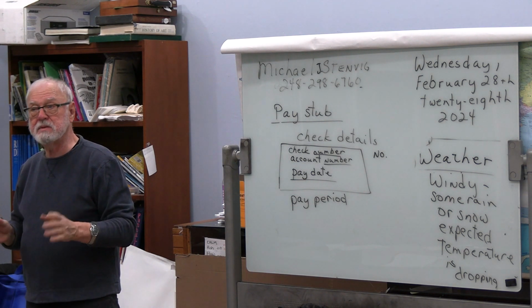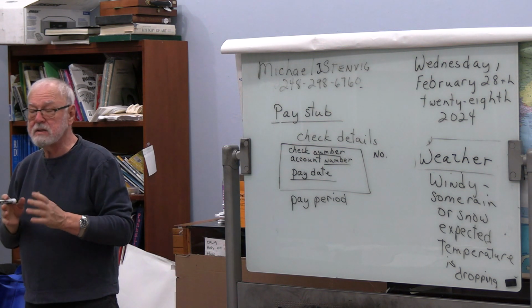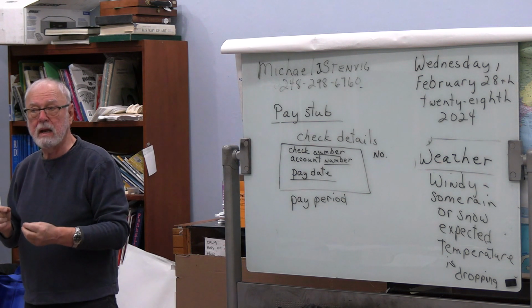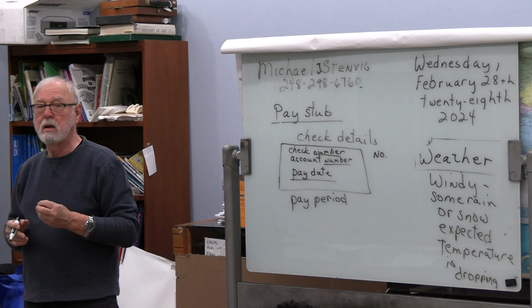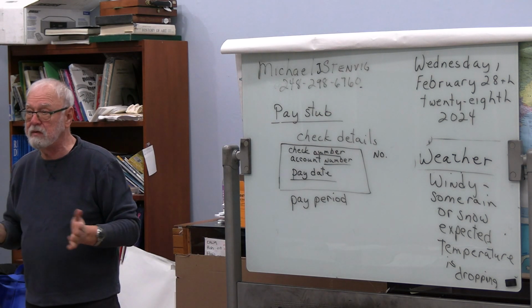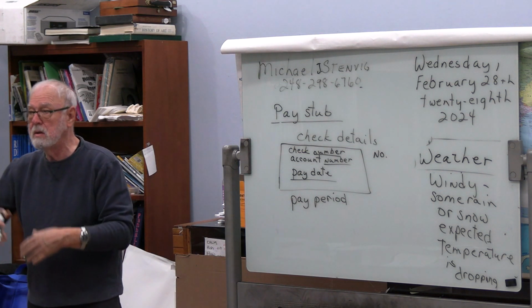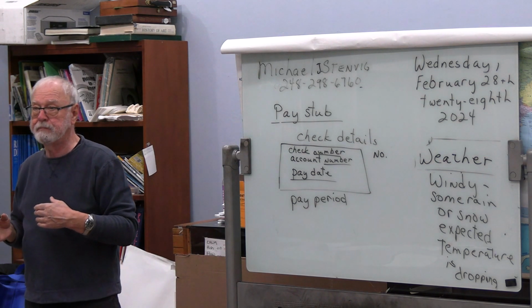Remember, sometimes pay periods, anything that has a period of time, may be regular, may be not regular. For example, first of the month is easy, but it doesn't have to be. Pay period has a start and a finish. Period of time.